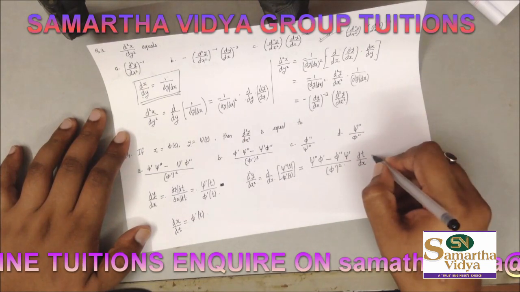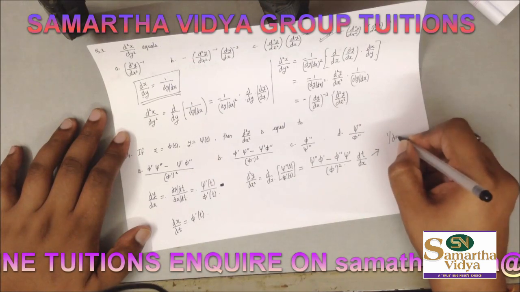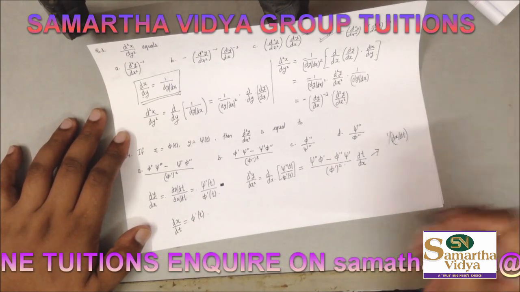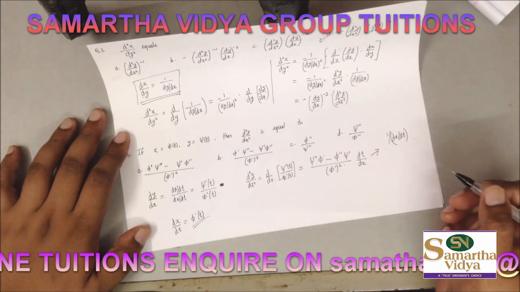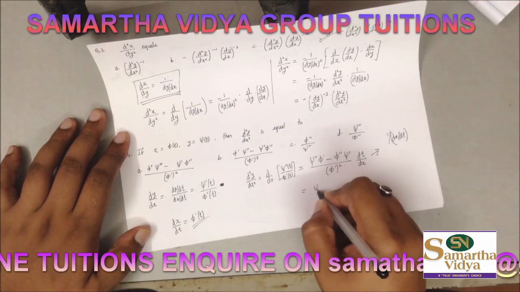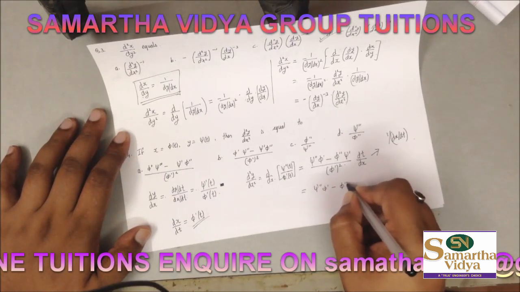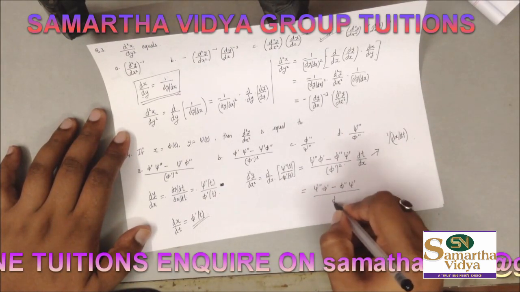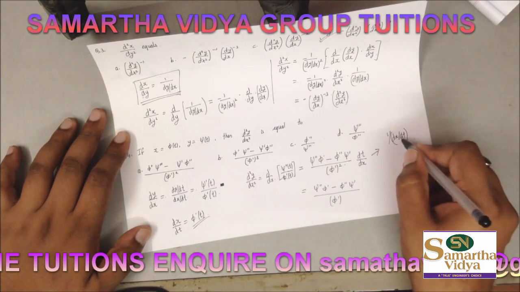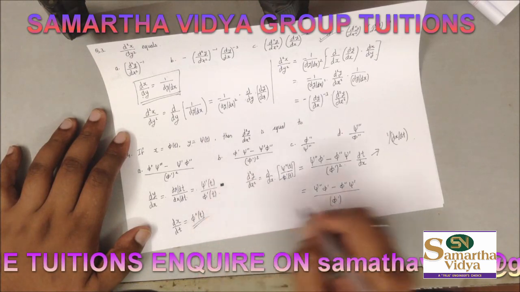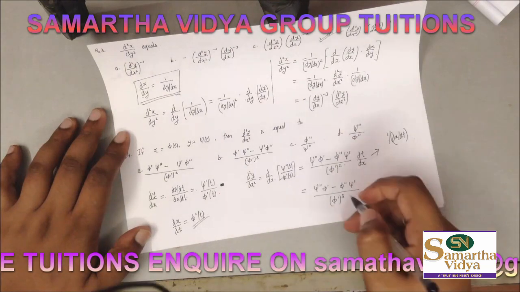So dt by dx is going to be, using the formula, 1 upon dx by dt. So we know that 1 upon dx by dt is phi dash of t, so I'll be simply substituting that. So this becomes xi double dash phi dash minus phi double dash xi dash upon phi dash square into, since it is 1 upon dx by dt, which is nothing but phi dash, this becomes cube. So you can see that the option is nothing but B.